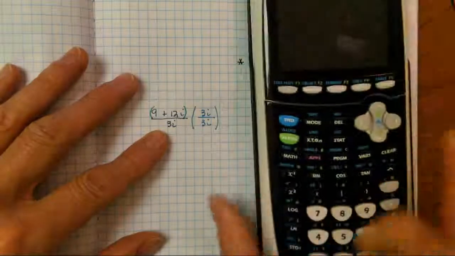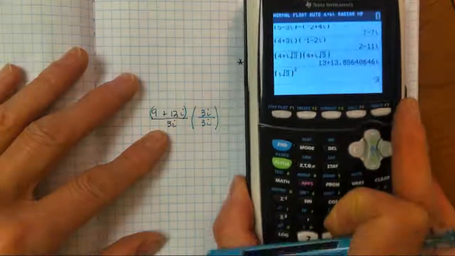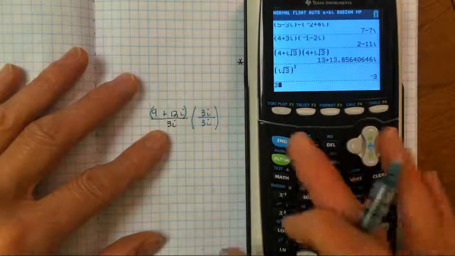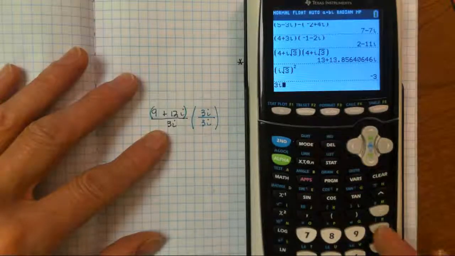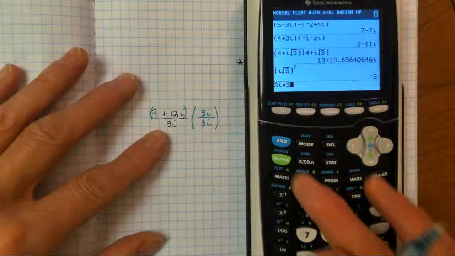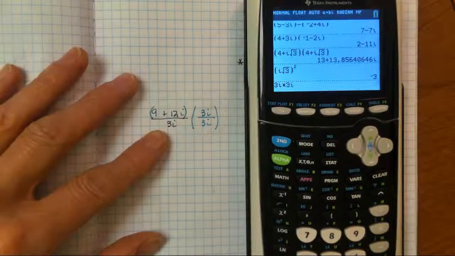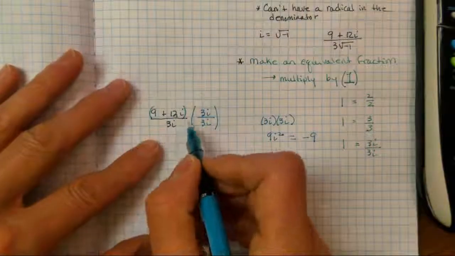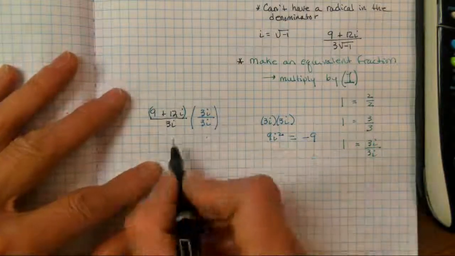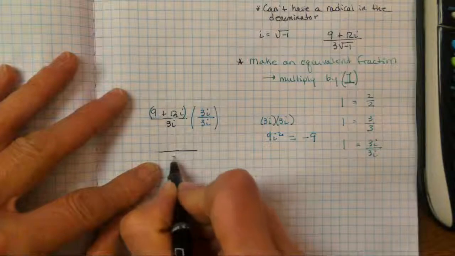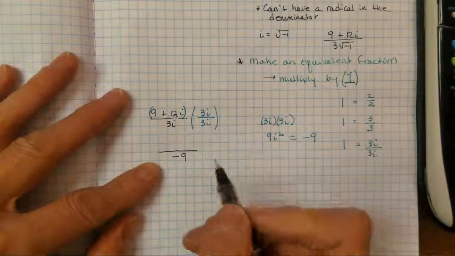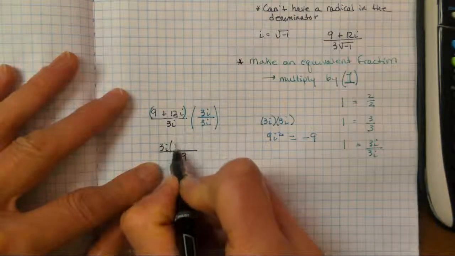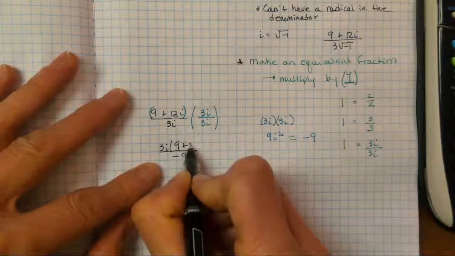So remember, you can always do this in your calculator so you don't feel like you're going to mess up. So if I do 3i times 3i, I get -9. Okay? So that means here my denominator is -9, which is perfectly fine. And then in my numerator I'm just going to write this on this side because most of us are more comfortable with that.